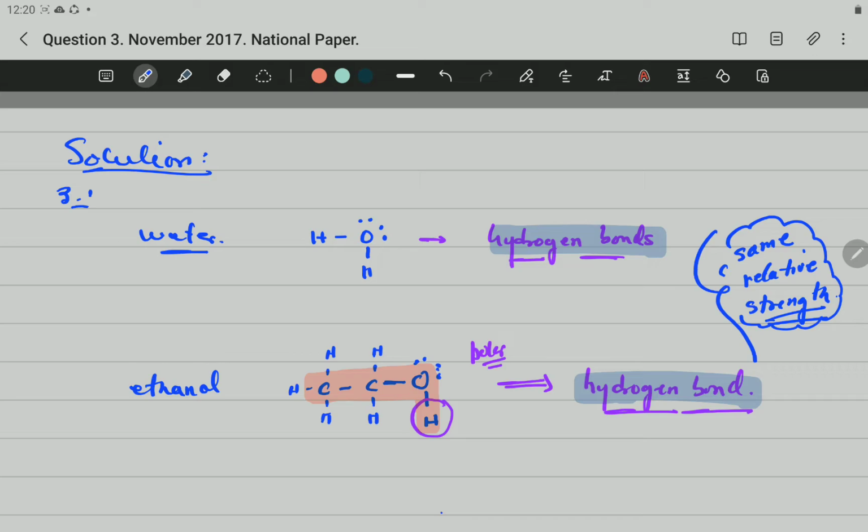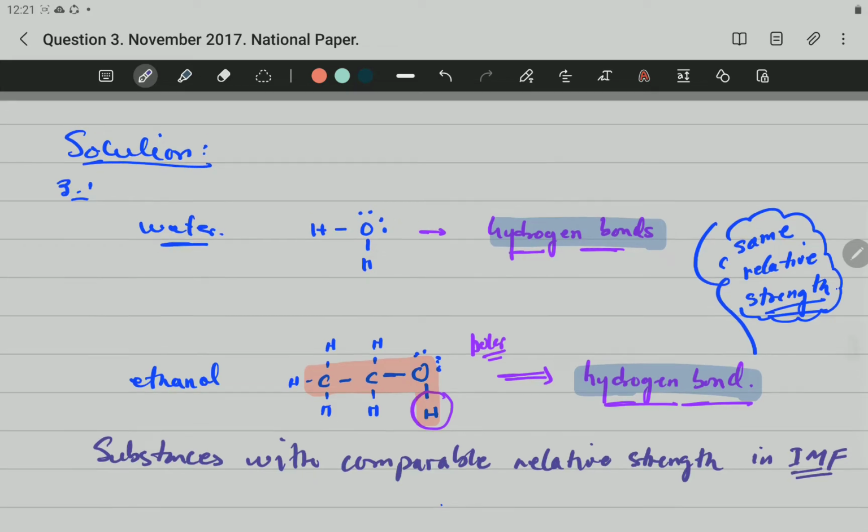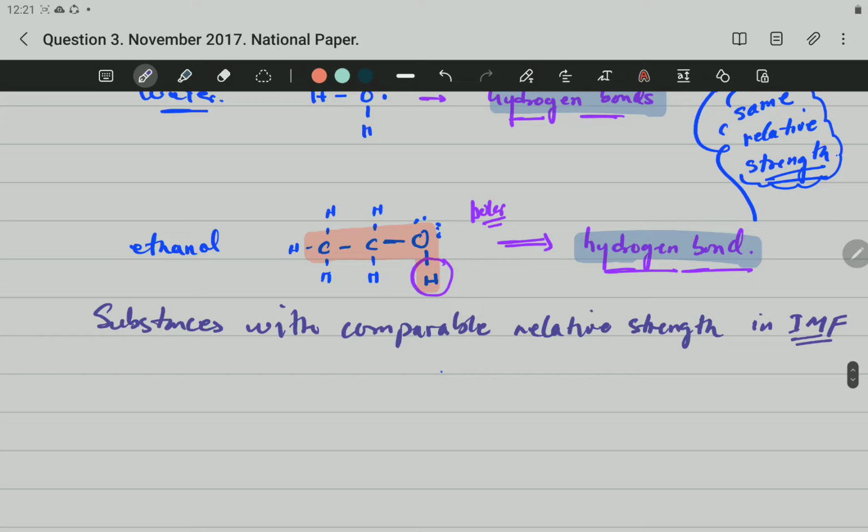And that is the important note here: substances with comparable relative strength in intermolecular forces will dissolve.